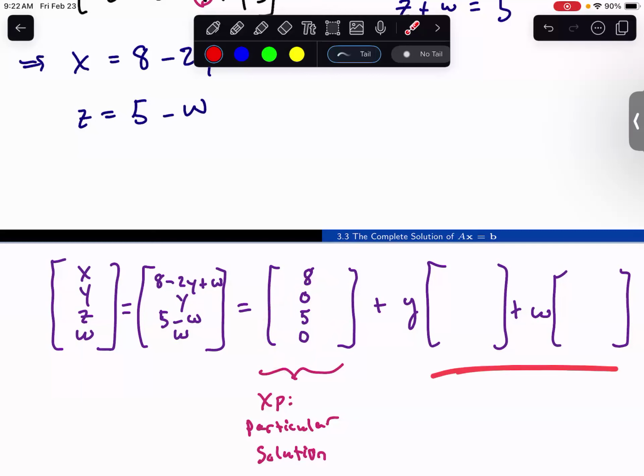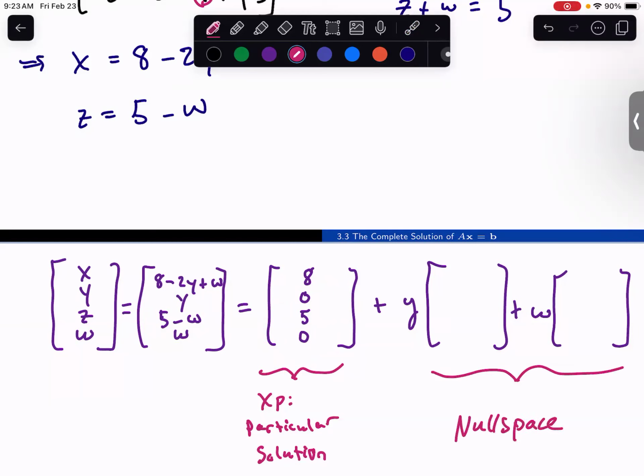And then these other 2 vectors are going to be the null space, right? Because it's linear combinations of the free variables that we have. So the y component in the first part is going to be minus 2. In the second component, we just have y, so that's going to give you a 1. 5 minus w doesn't have a y component, and then w doesn't have anything to do with y.